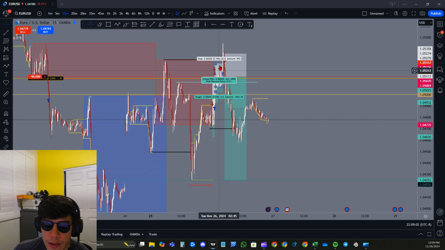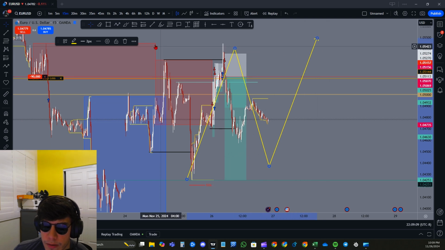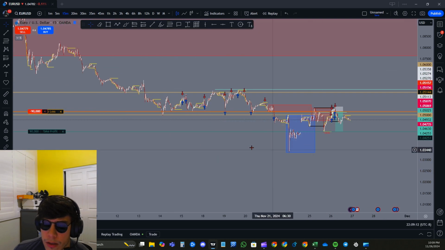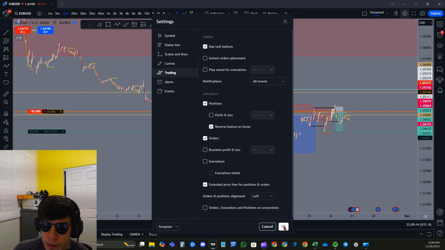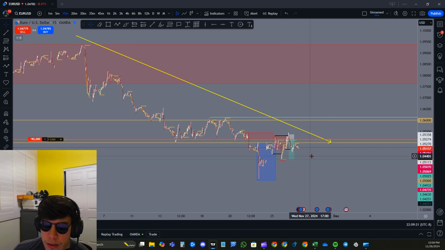I don't see this as a break of structure to then come down here as a pullback and then keep going higher. I really don't, because overall, you got to think of the overall picture. Overall, we're going down, right?